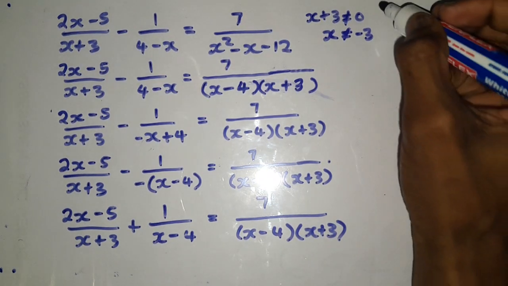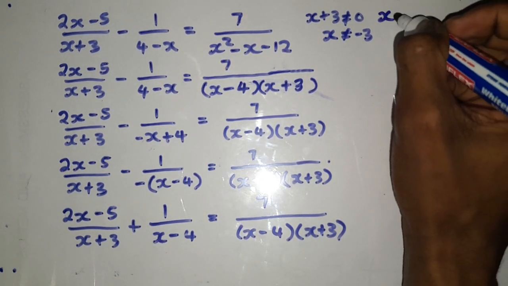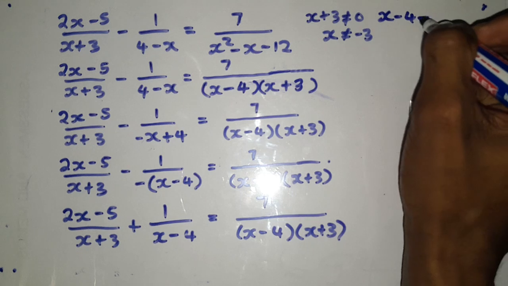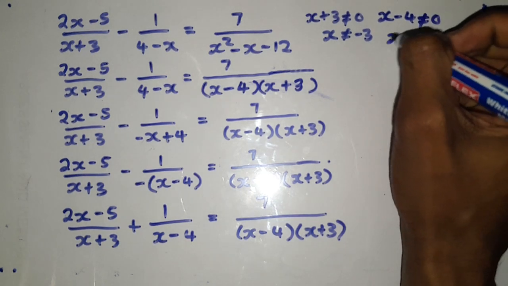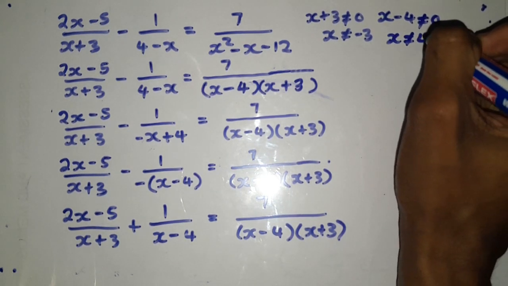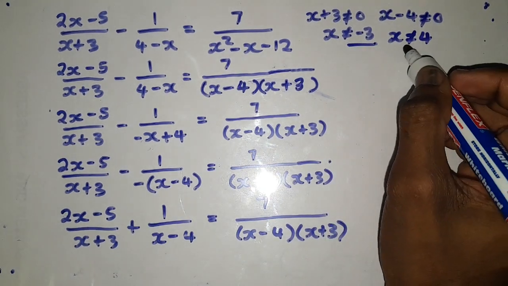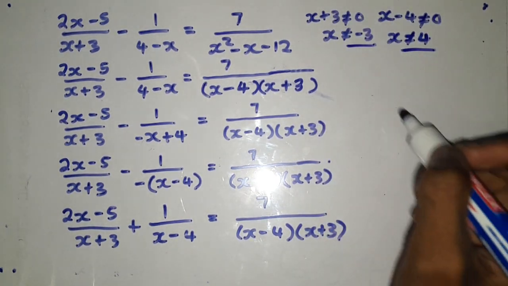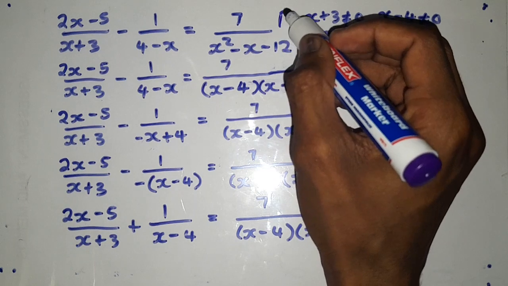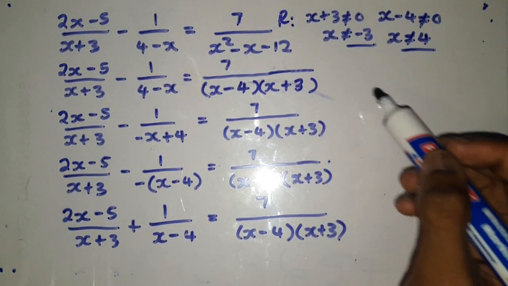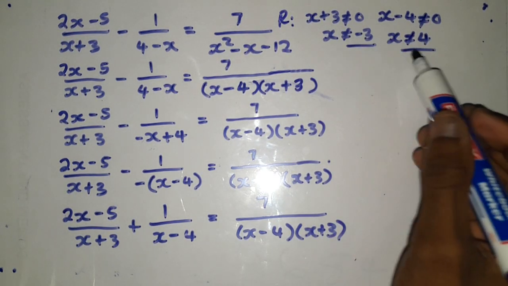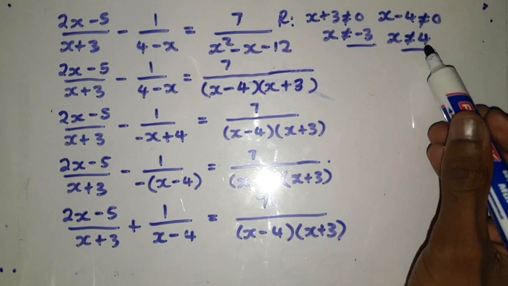Let us do 4 now. x minus 4 should not be 0, so x should not be 4. This is our restriction. We have two restrictions: x should not be negative 3, and x should not be 4.